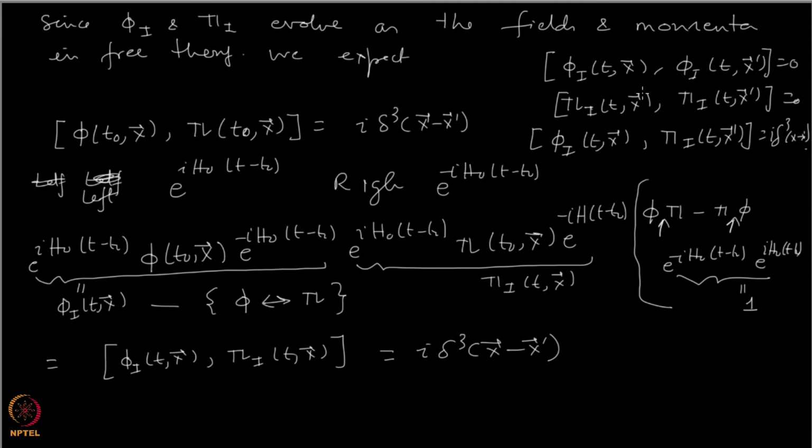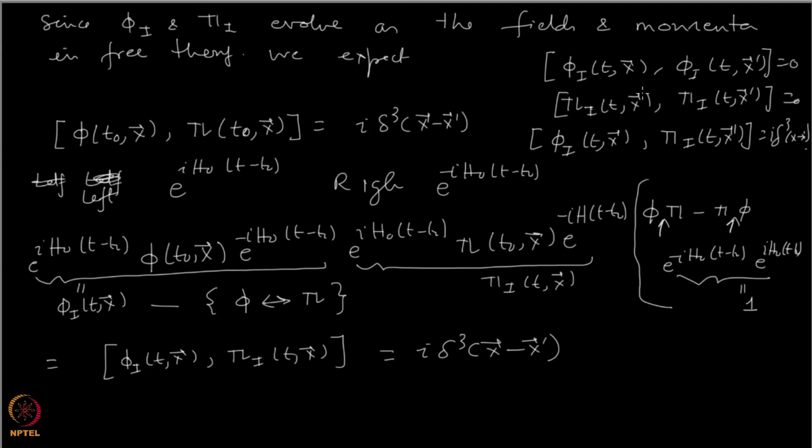Okay, so this is good, and this is good because we know how to deal with fields which evolve like free fields, okay, and the operators which evolve like free operators. So we will be able to do exactly what we did in free theory. We will be able to define a vacuum which is annihilated by A's and A daggers.